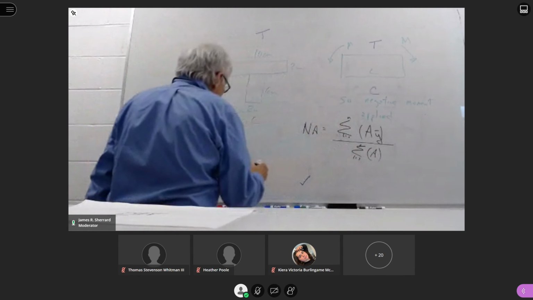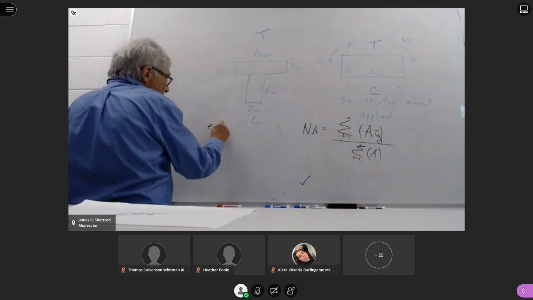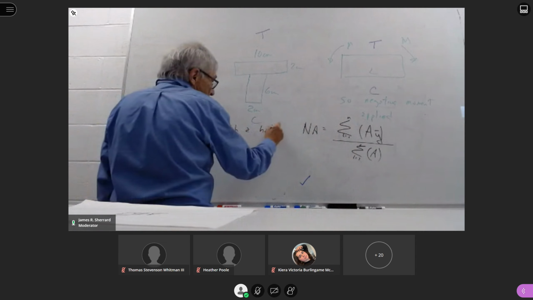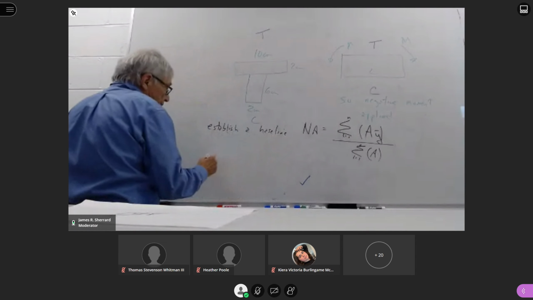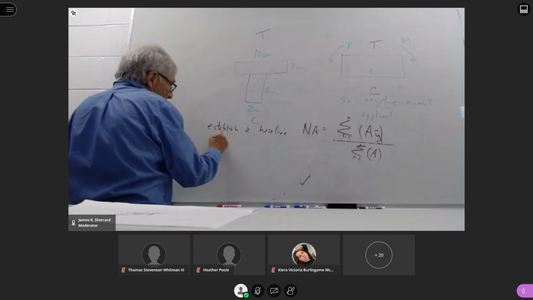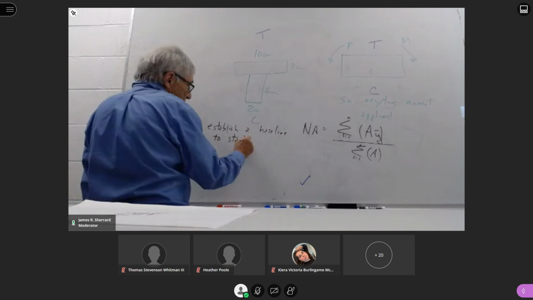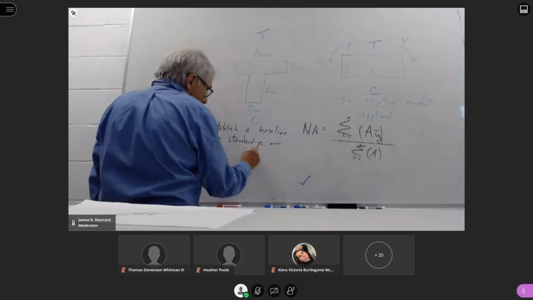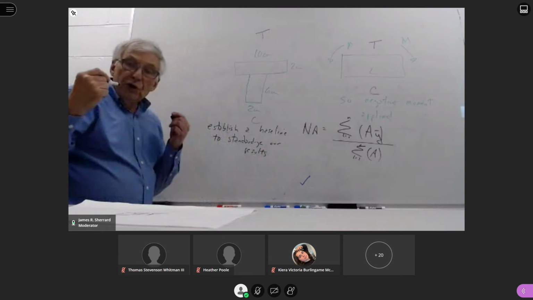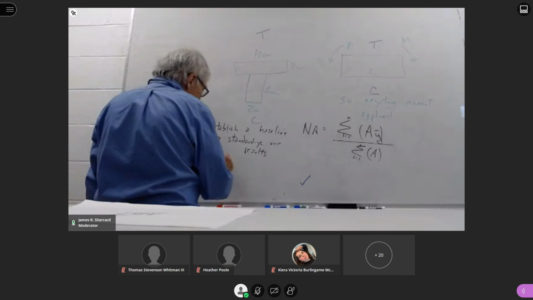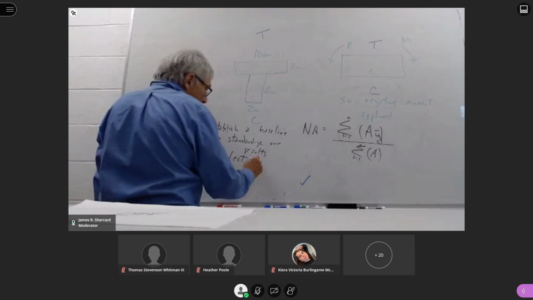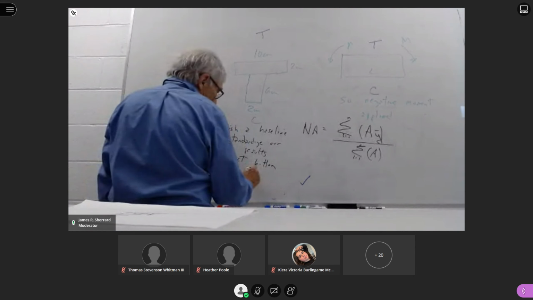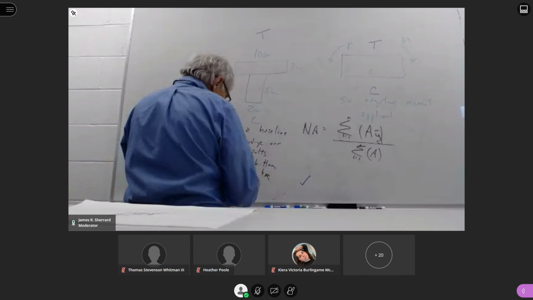When we go to do this calculation, we establish a baseline to standardize our results. You don't have to, but most select the bottom as the base.